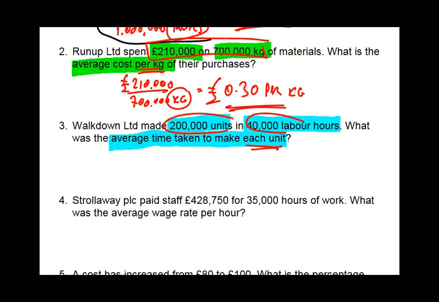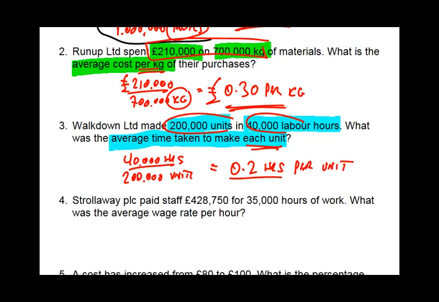So put whatever it's per at the bottom of the calculation. So 40,000 hours divided by 200,000 units, because we're doing it per unit. If you do that on your calculator, I get 0.2 hours per unit. So every unit they produced took them 0.2 hours.